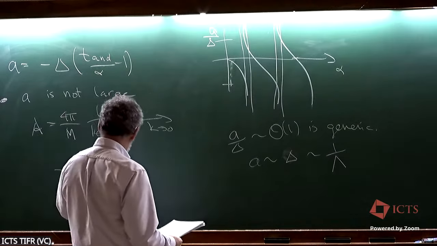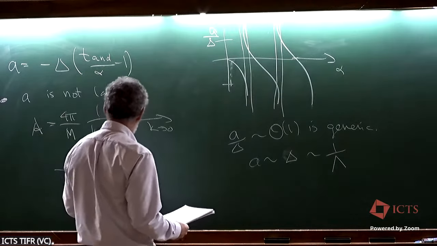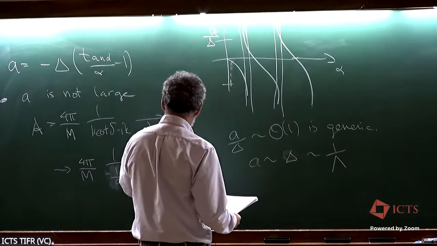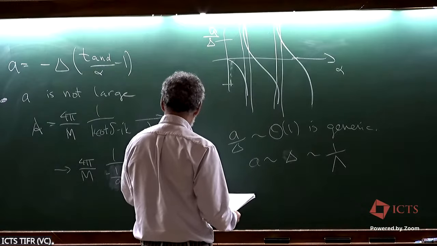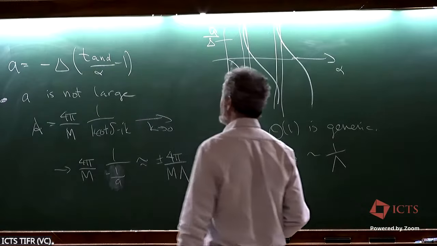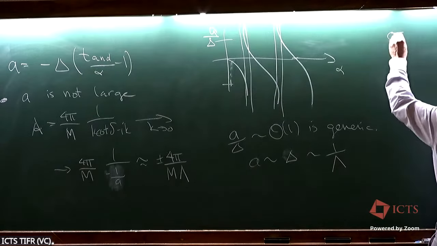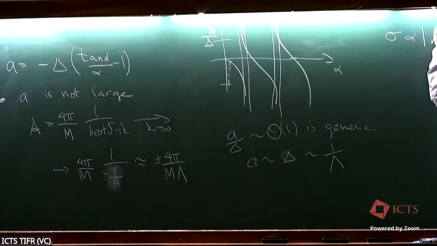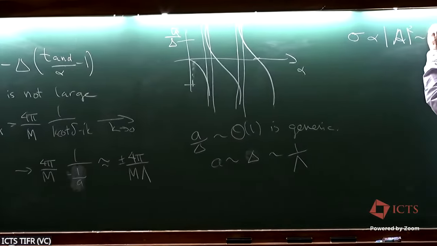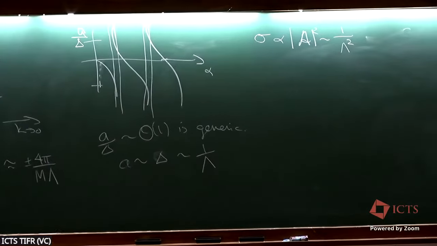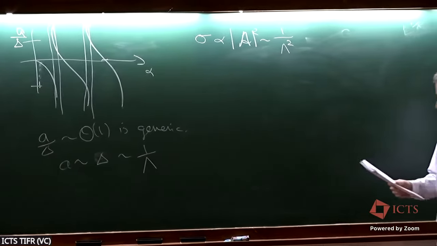So this is minus 1 over A, which is on the order of plus or minus 4 pi over m lambda. Now, that means that the cross section is proportional to the amplitude squared. This goes like 1 over lambda squared. But the question is that big or small?